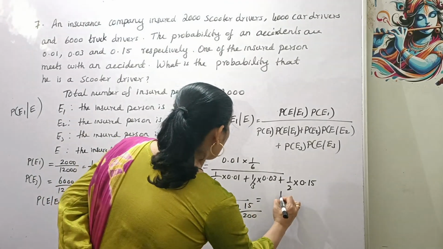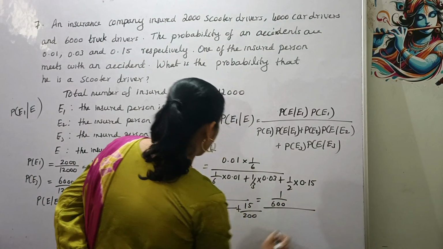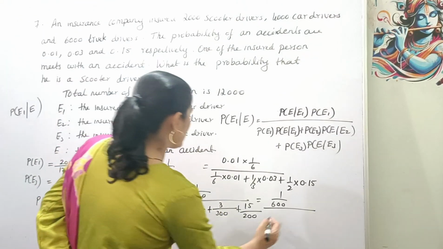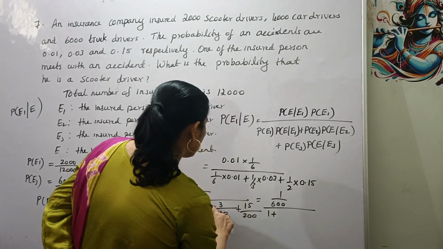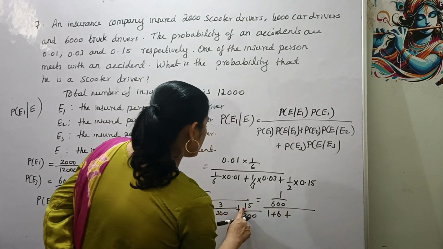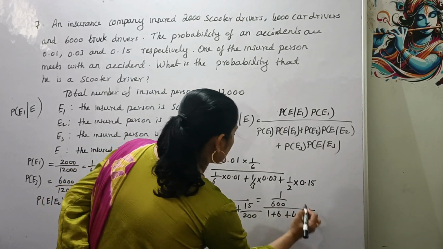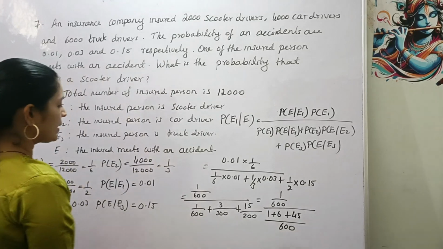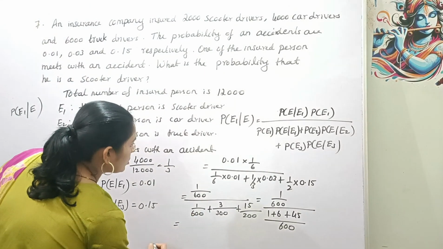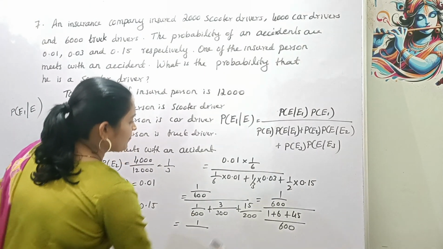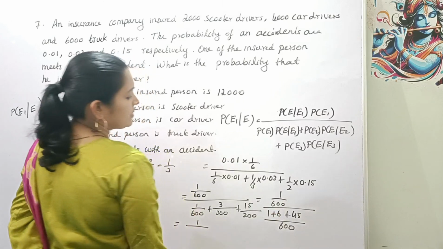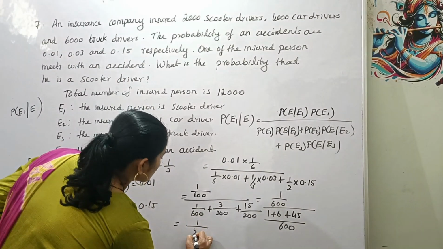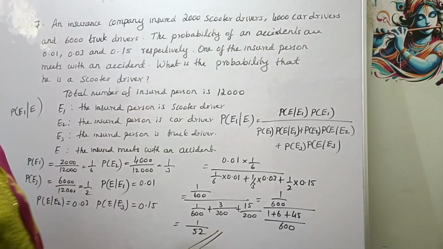That is equal to 1 by 600 divided by, here 600 is the LCM. So here multiply 2. So 1 plus 6 plus 45 divided by 600. 600 cancelled. Then it is equal to 1 divided by 7. 7 plus 45, that is 52. So 1 by 52 is the answer.